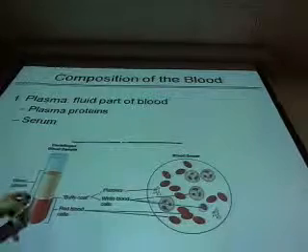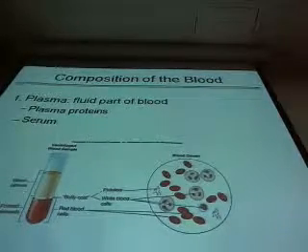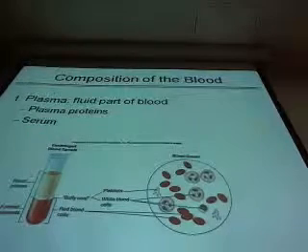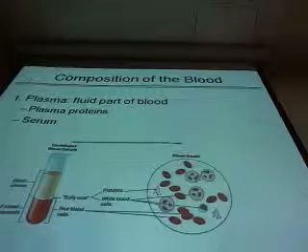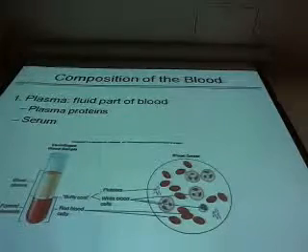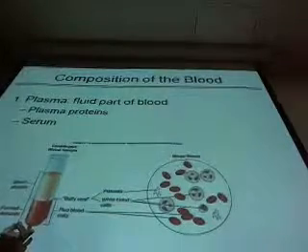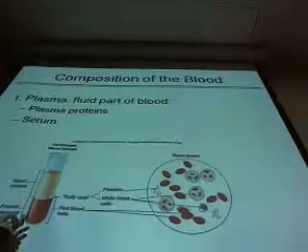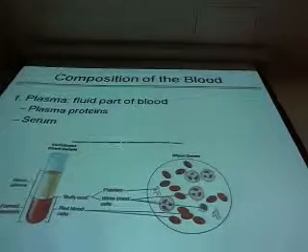This guy's probably got a white cell count of somewhere around 20 or 30,000, which would put him up into a very bad infection or a leukemic type state. Normally you won't see a buffy coat, but if it is there, that's where you see it. The red cells are heavier because of the hemoglobin in them. So you have the red cells, the buffy coat is white cells, plasma is the fluid that they're floating in.